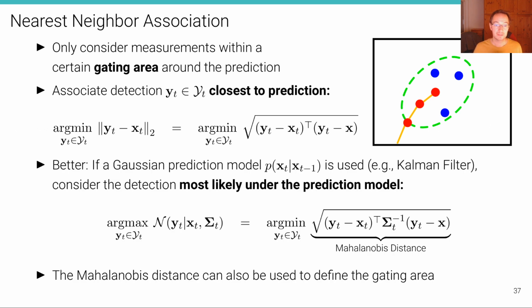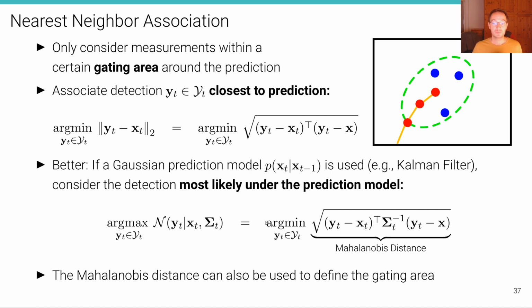Better even is if we have a motion model, like for example in the Kalman filter, where we have a Gaussian prediction model, remember? If we have a Gaussian prediction model, then we can consider the detection that is most likely under that prediction model, the one that maximizes the likelihood.